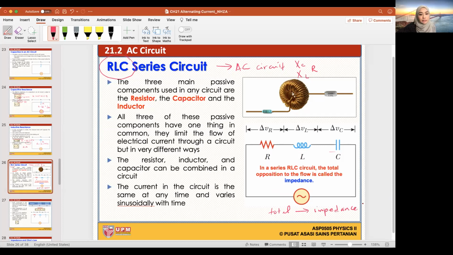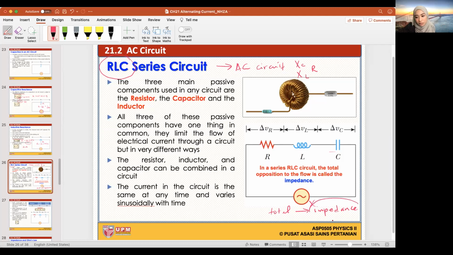It's not called reactance anymore. So XC, XL is called reactance. When you combine resistor with L, resistor with C, or resistor with L and C, it's called impedance. It basically means the total lah. But there will not be the name total in the word.